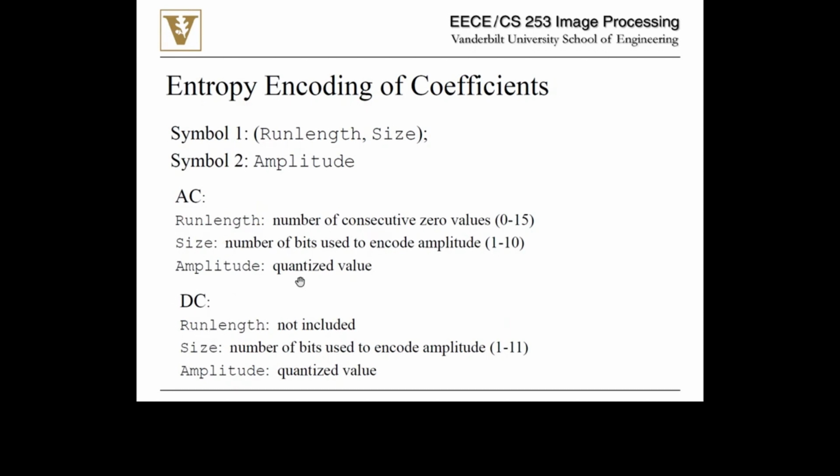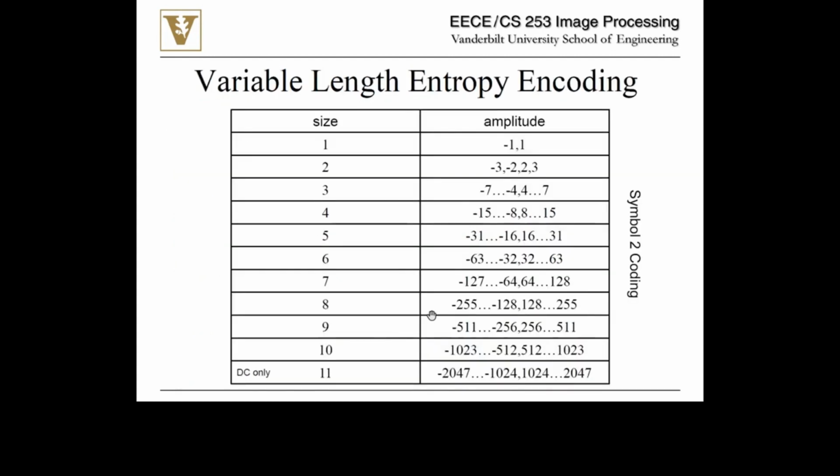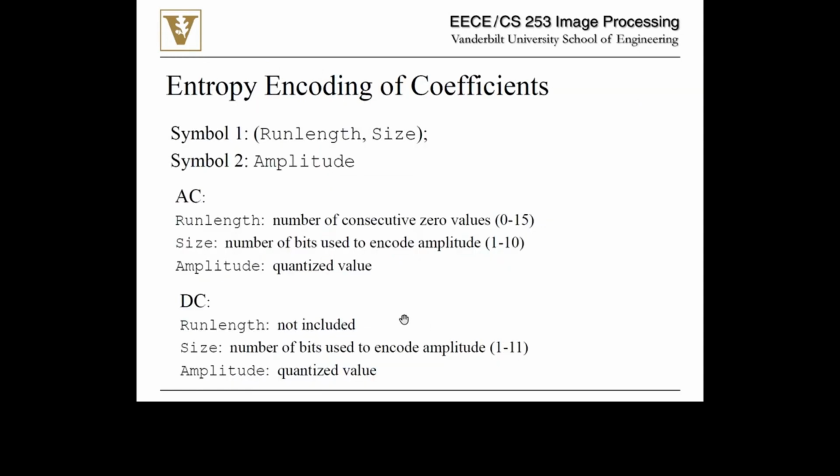The run length is not included, so we never say how many consecutive zeros we have. And then we give the size as the number of bits to encode the amplitude, and this goes from 1 to 11, and then the quantized value. Okay, so let's see. You may have observed these AC components, the number of bits used, they go from 1 to 10.